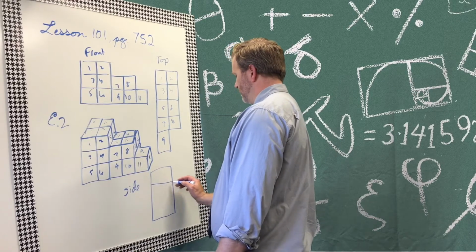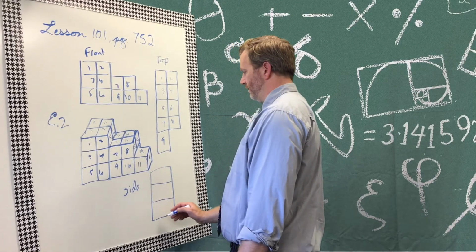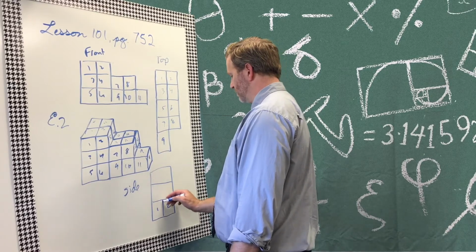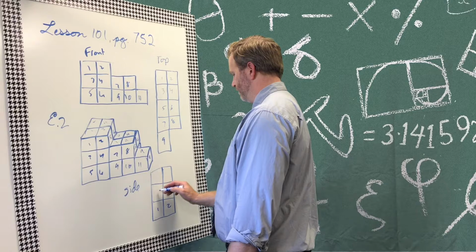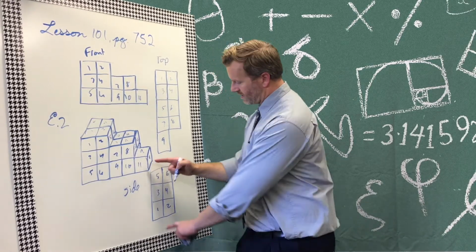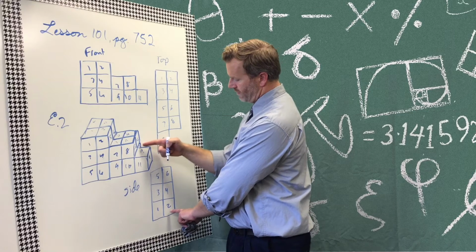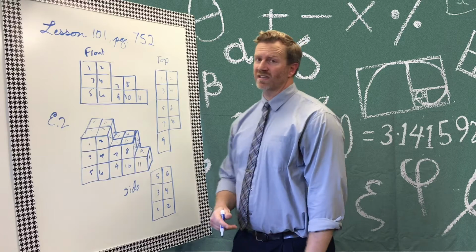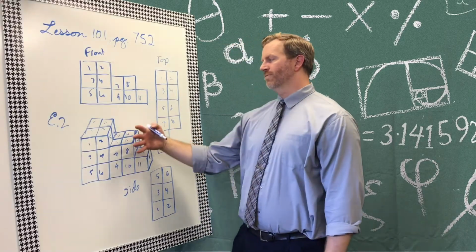So let's see, 1 level, 2 level, 3 level. And then let's see, here's box 1. This one will be box 2. There's 3, there's 4, there's 5, there's 6. So there's box 1, box 2's hiding over here, 3 and 4, 5 and 6. So that would be your side view, looking at it from this right hand side.